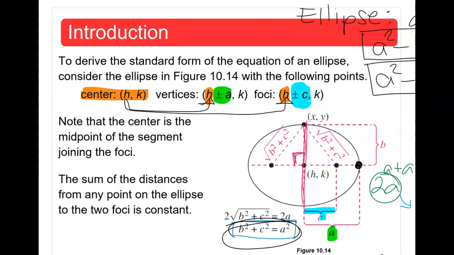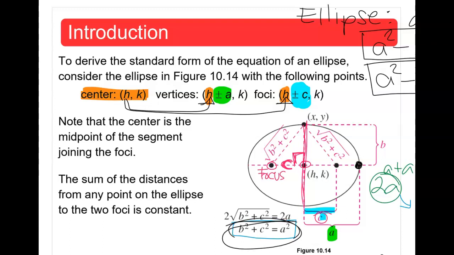So to calculate the distance from that point to the focus, remember this is the focus, you could see that we have a triangle. And so we already said that the distance from the focus to the center is called C. We have it over here as well.